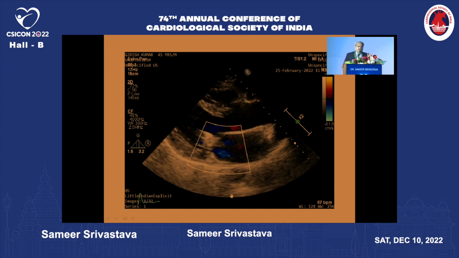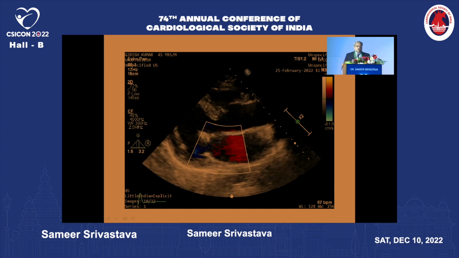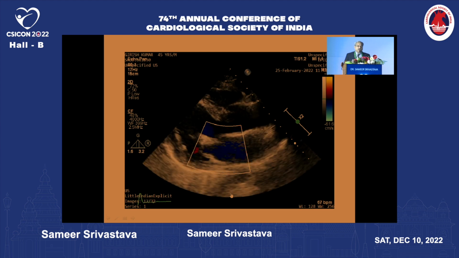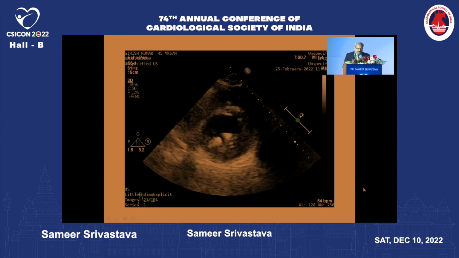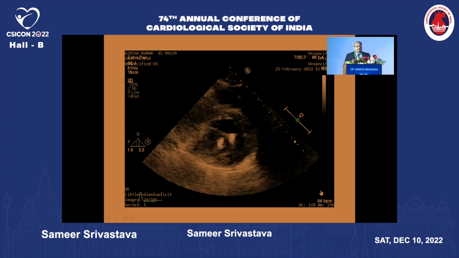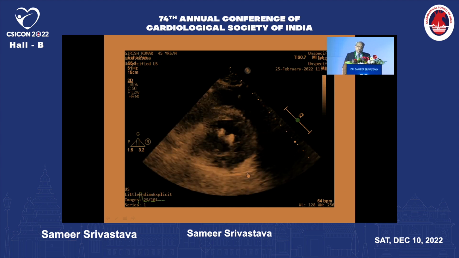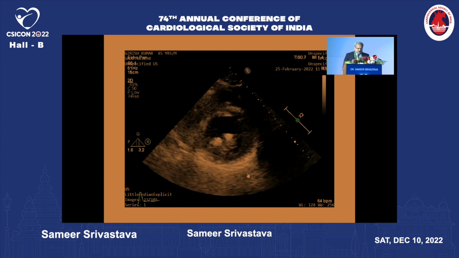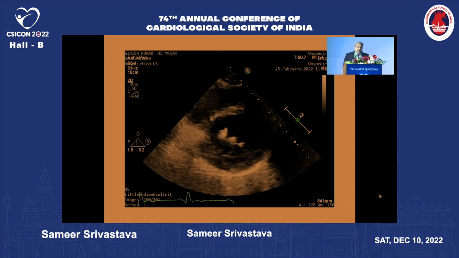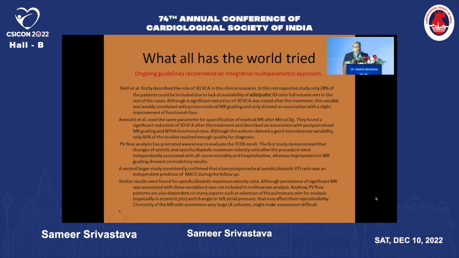Post-TEER, this parameter goes for a toss because it's too quick for the LA and the LV to regress, if at all they do. But we know that when you do a transthoracic echo, you are not looking at something very great. The earlier picture was of the same patient. And when you look at this, you know that this wobbly thing is worrisome. So we are not too sure what it is.